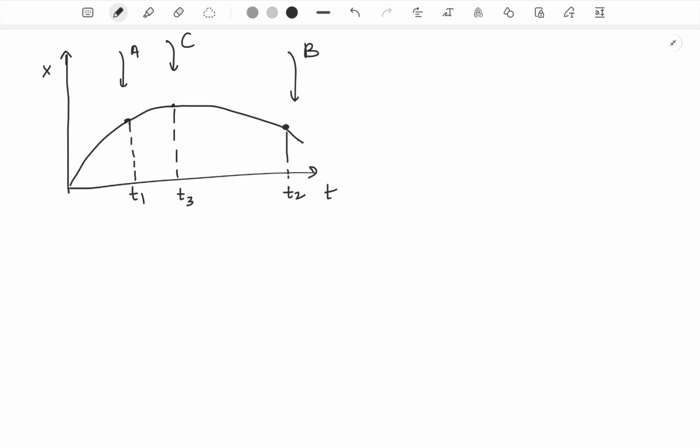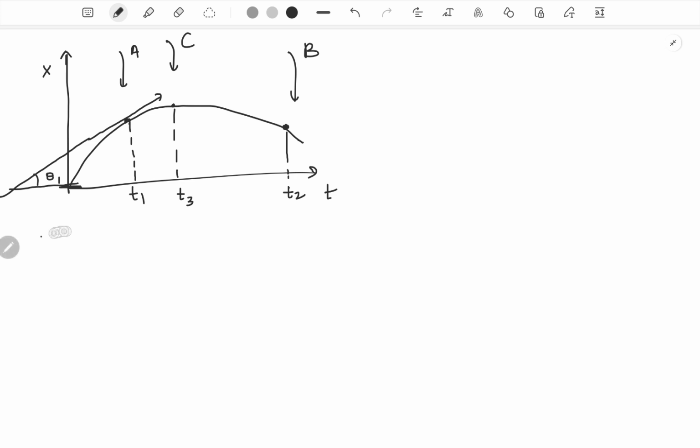If you look at the graph at time t1, let's draw a tangent. Let's say the tangent makes an angle theta 1 with the horizontal axis, the time axis.